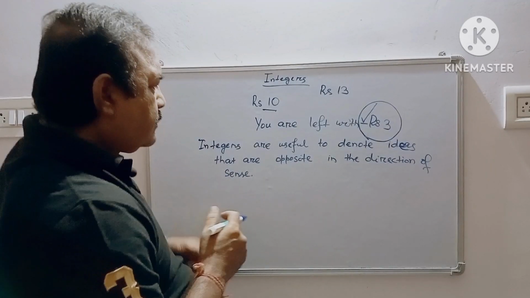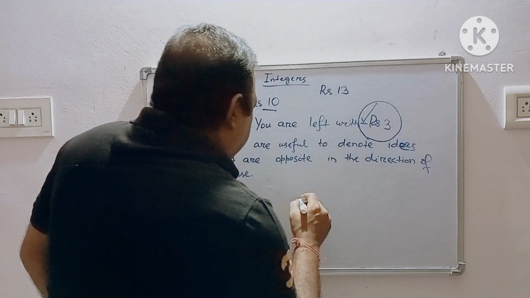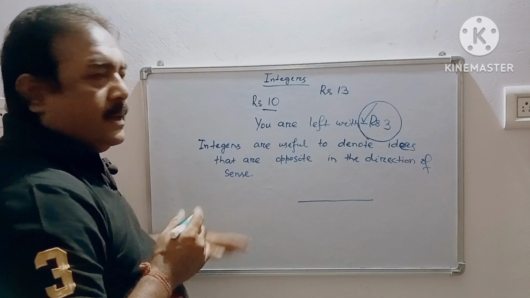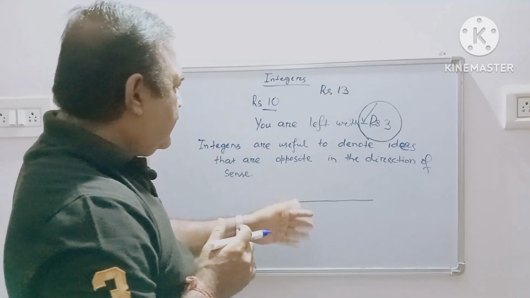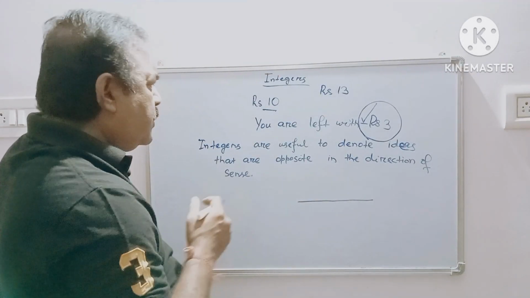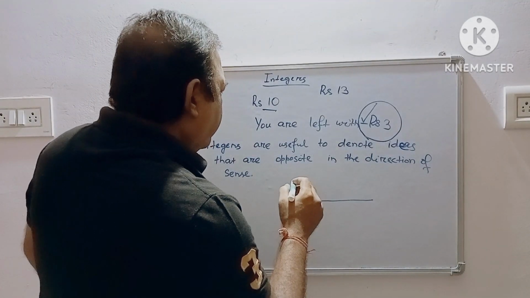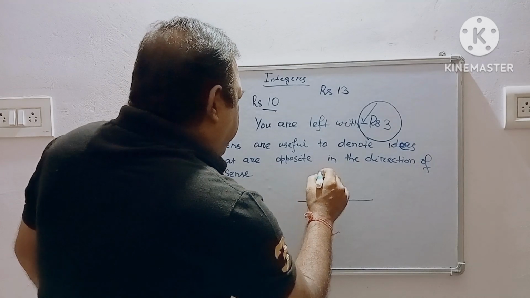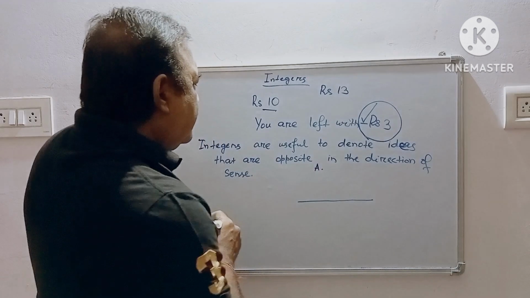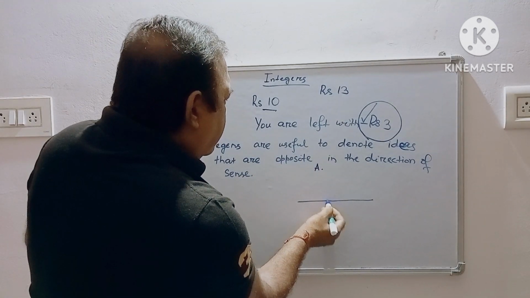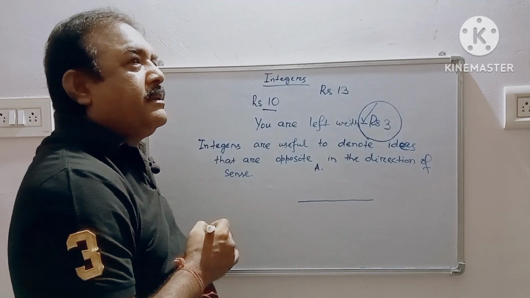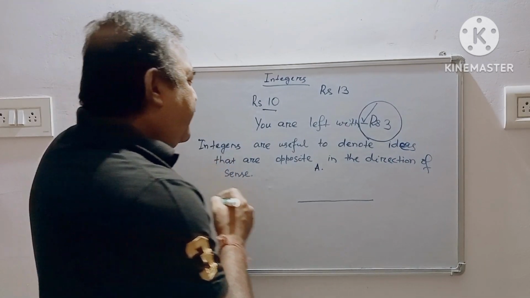Suppose this is the level of water in the sea. Suppose a flight is here at the point A, and from the sea level this height is, let it be, suppose 500 feet.